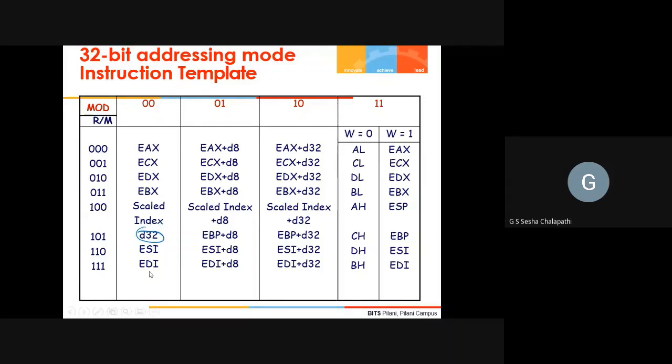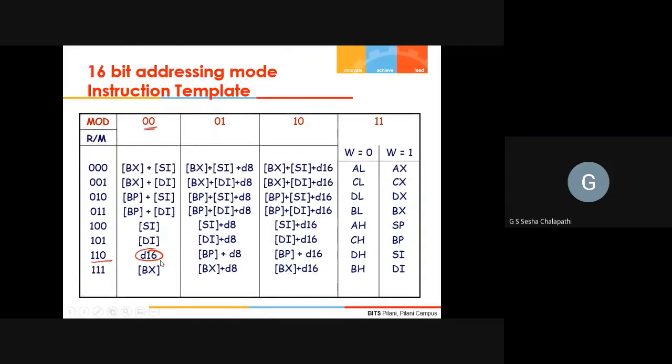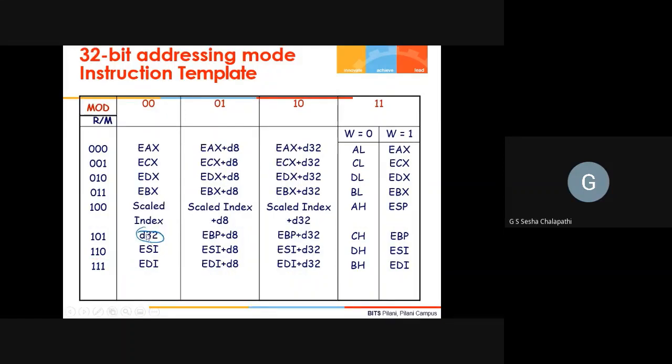Had you used the 16-bit address template, then you would not have had this particular issue. But the point is that you are using an 80486 processor, and you are mentioning the direct addressing mode here, and therefore you will be using this D32.